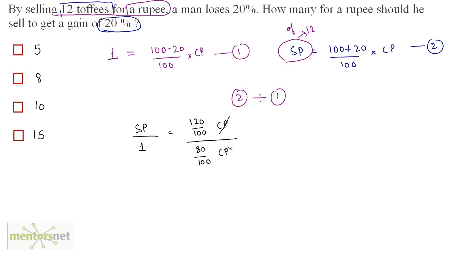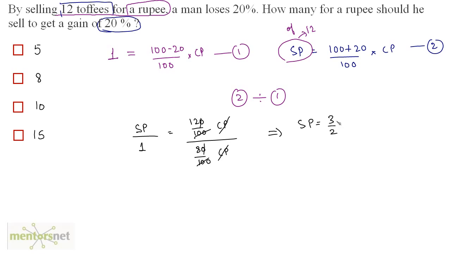So the cost price gets cancelled out, hundreds get cancelled out, and these zeros also get cancelled out. So the selling price is equal to 12 by 8, and if I divide the numerator and denominator by 4, I get 3 by 2.